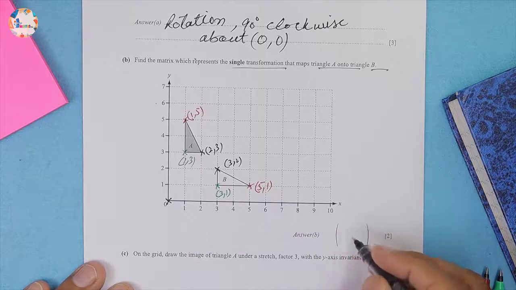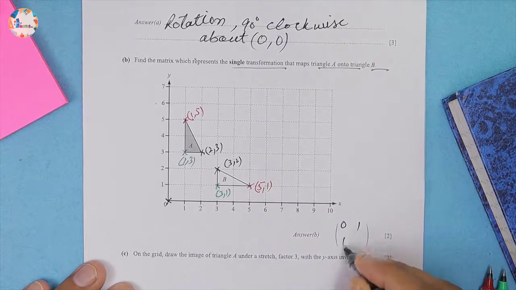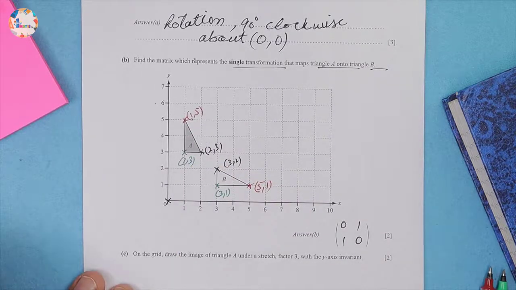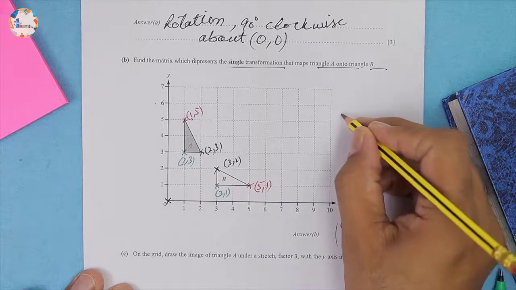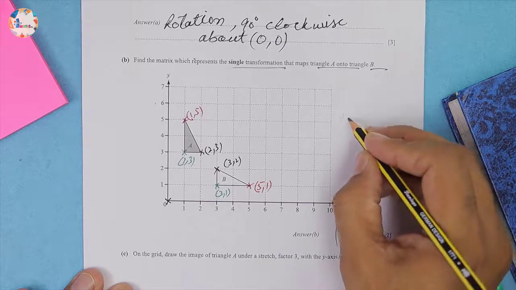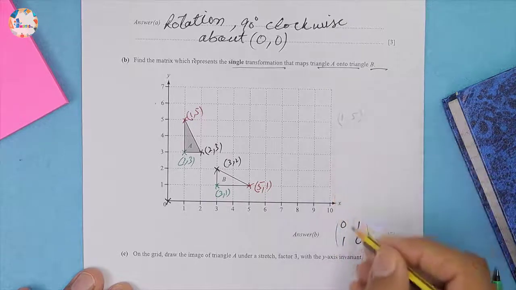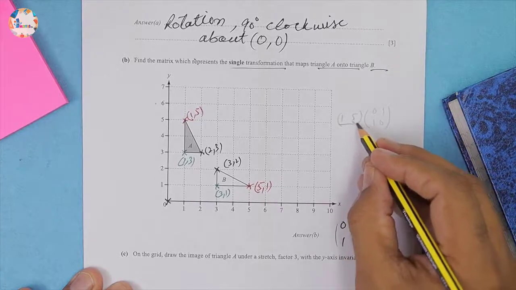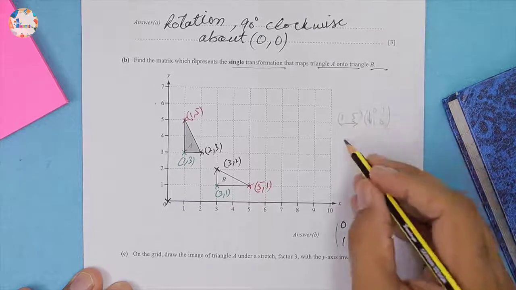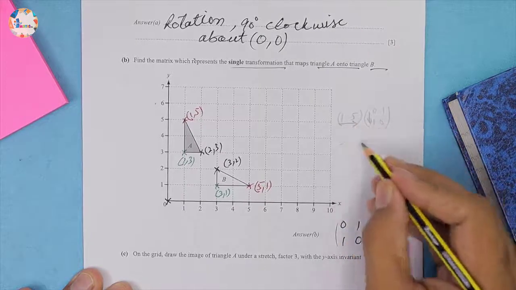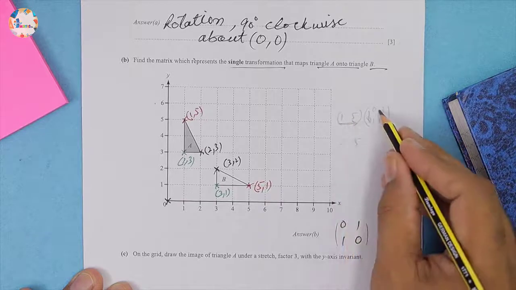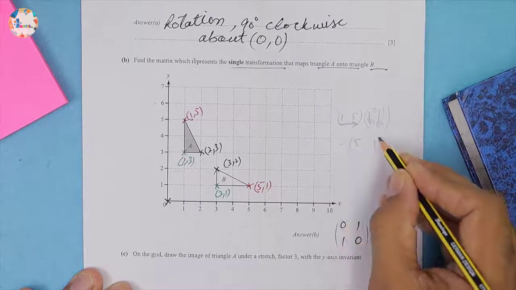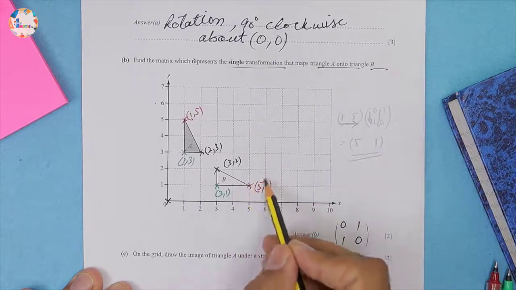So we can write here, this will be 0 1 1 0. This will be the matrix, because if you take any of these values, for example, if I take 1 and 5, and write in a matrix form and multiply with this matrix 0 1 1 0, first row first column, we will get 0 and 5, so 5, and first row second column, it will be 1 and 0, so we will get 5 and 1, which is the coordinates for this one.